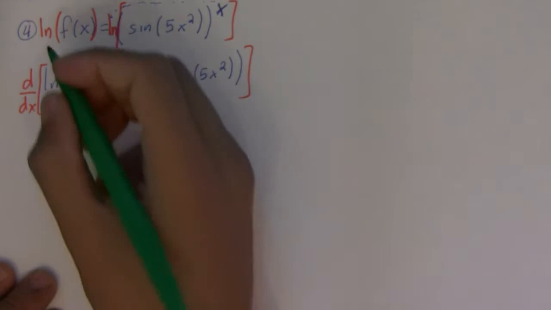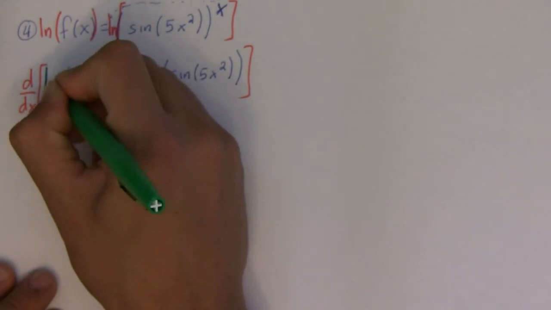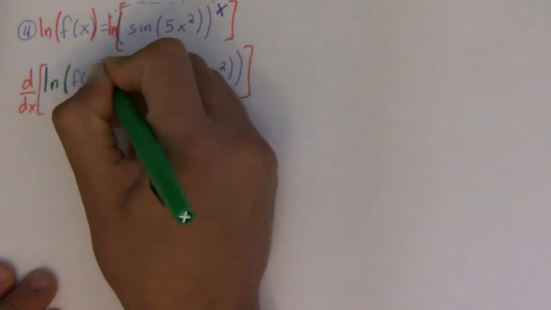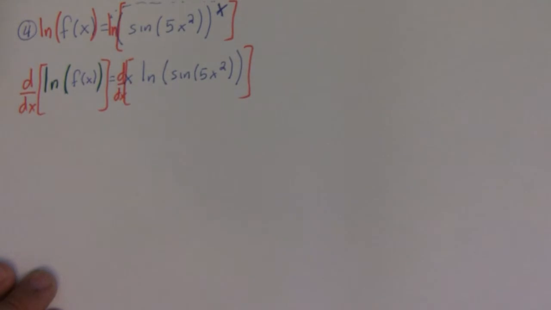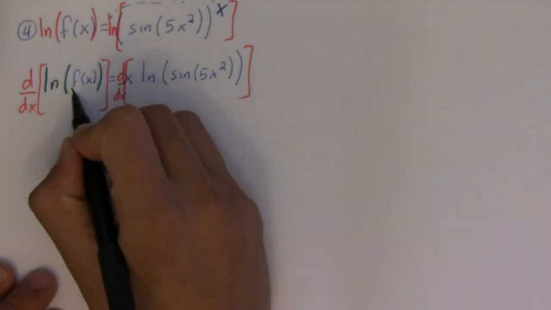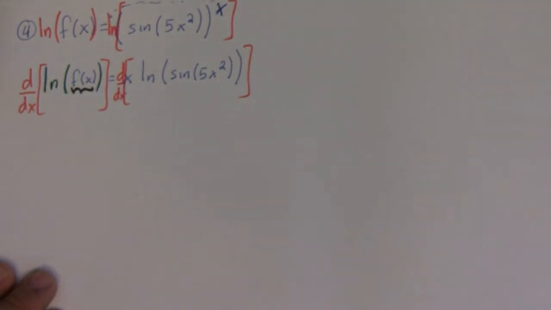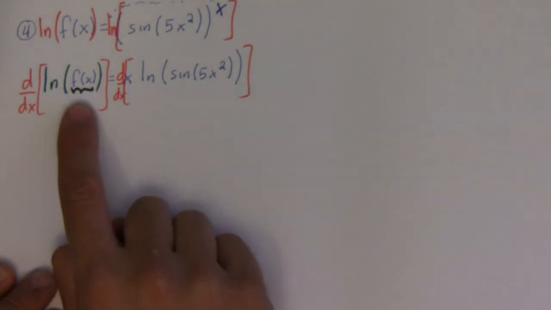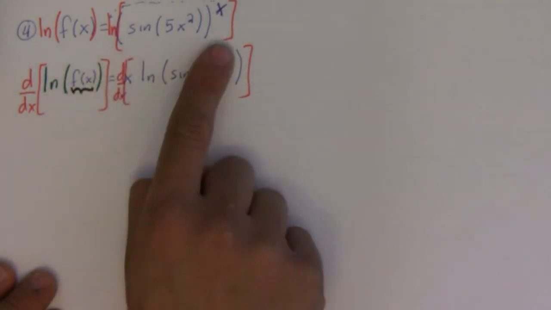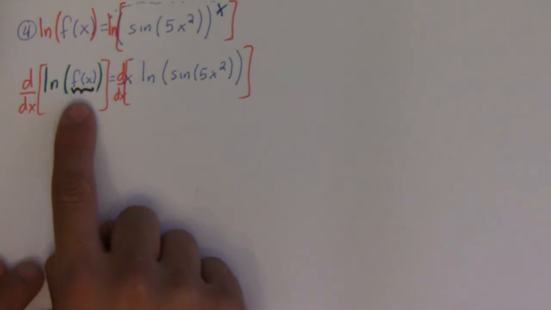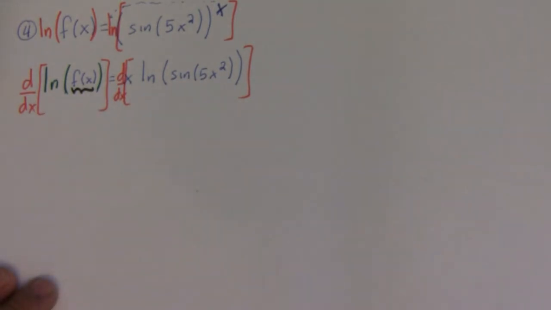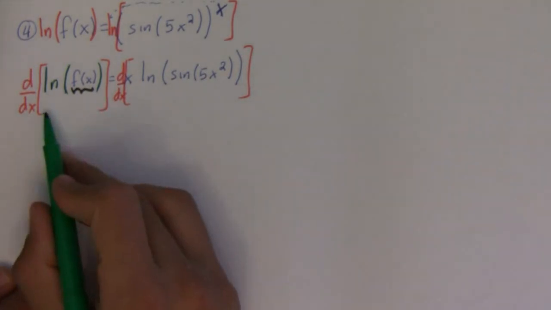The outside function in this case would be the natural log, and the inside function would be f of x. Now f of x is our original function, but we're just going to leave it as f of x to keep the notation small. So we're going to use the same idea, but it's going to be a little bit more abstract. So bear with me here.